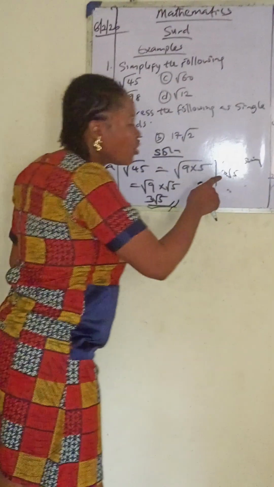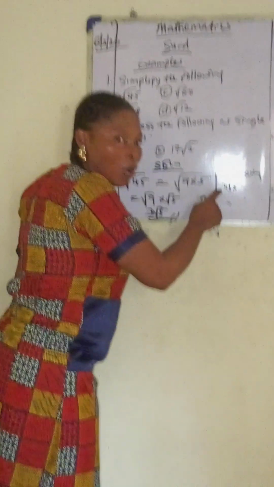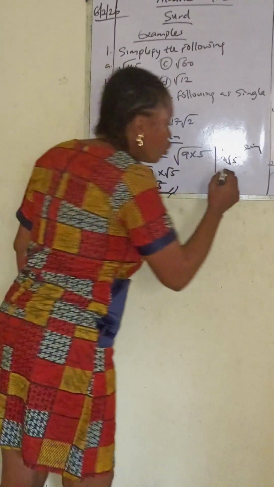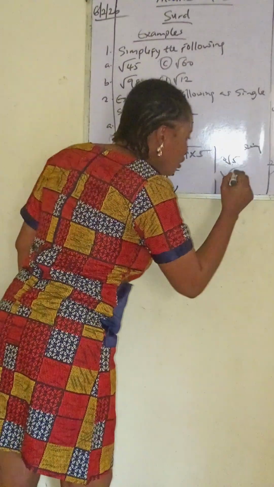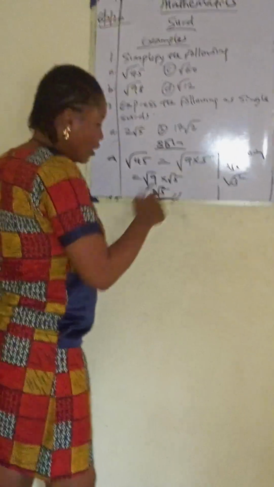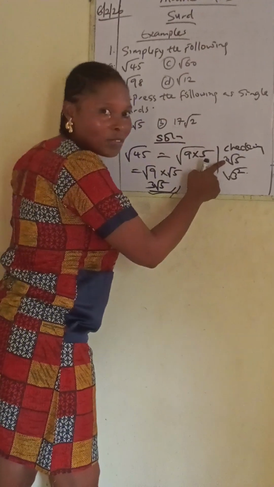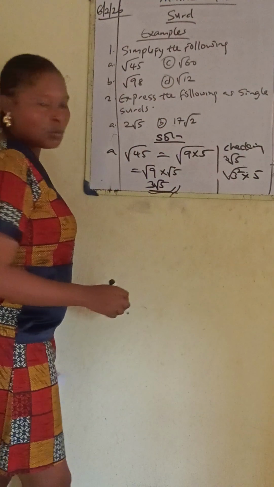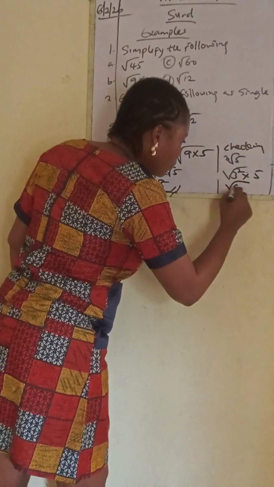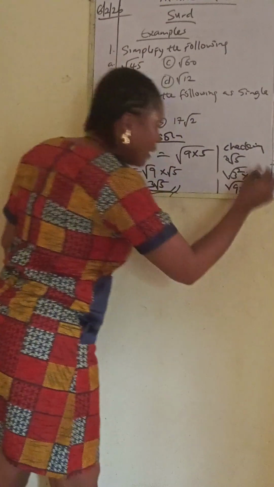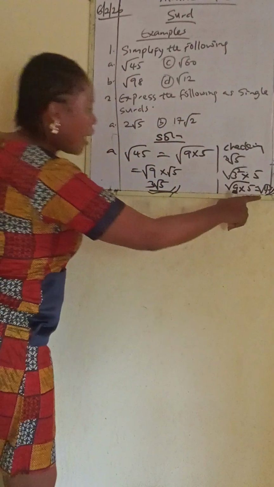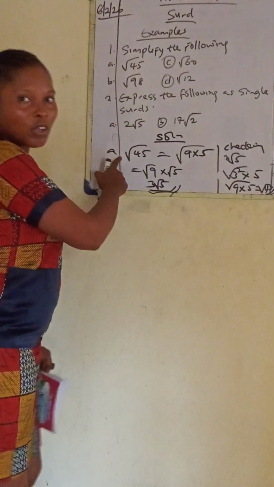So I square the outside number times what is inside that surd. So this gives me 3 squared times 5. 3 times 3 will give us 9 times 5. So 9 times 5 will give us 45. You can see my answer here is the same as the question we have here.